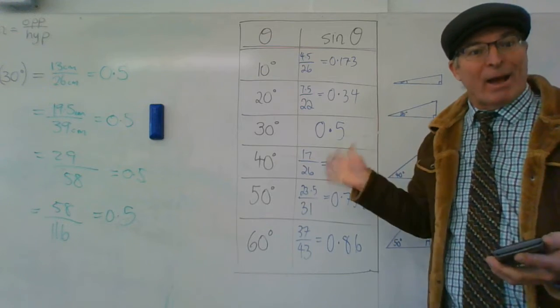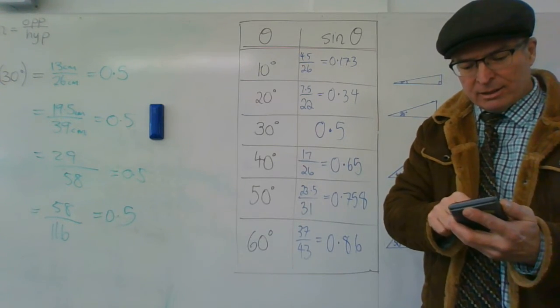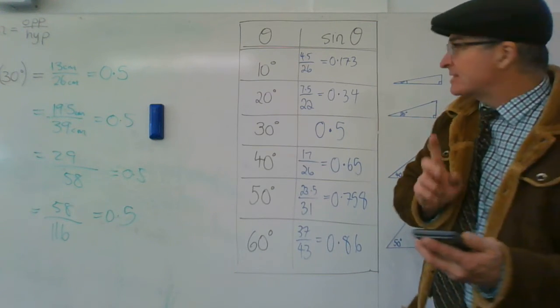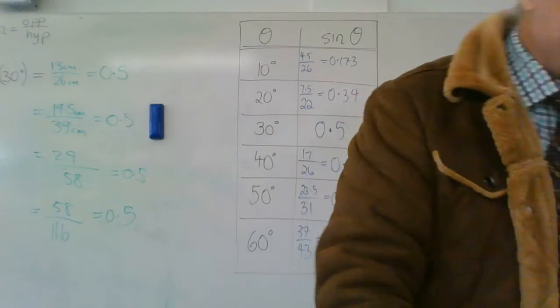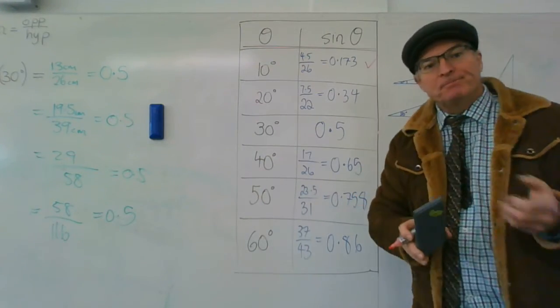So I'm going to check how accurate we were. Sine 10 equals 0.1736. Oh yeah, we did well there. So that one's looking good.